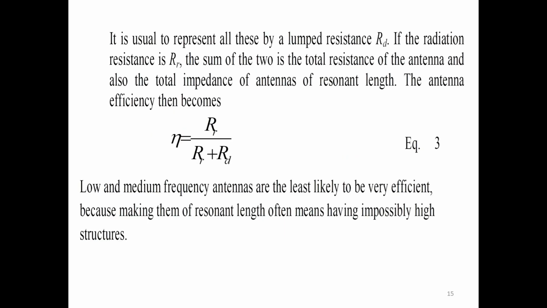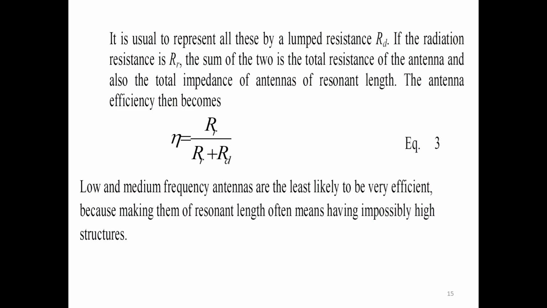It is usual to represent all these by a lumped resistance called R_D. If the radiation resistance is R_R, the sum of the two is the total resistance of the antenna and also the total impedance of antennas of resonant length. The antenna efficiency then becomes nu equals R_R over R_R plus R_D.